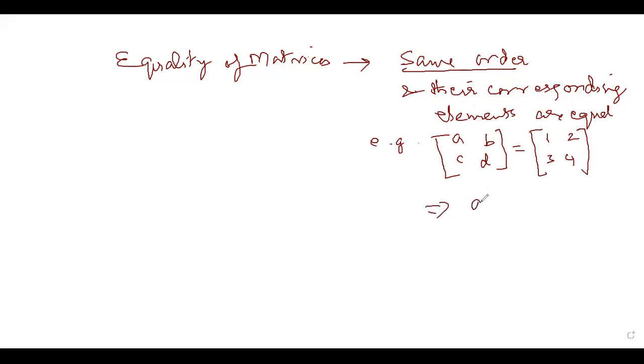We can equate A is equal to 1, B will be equal to 2, C will be equal to 3, and D will be equal to 4. Okay, so like this we can have equality of matrices, and by this equality we will do many questions.